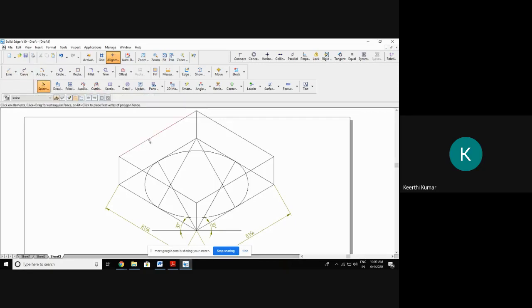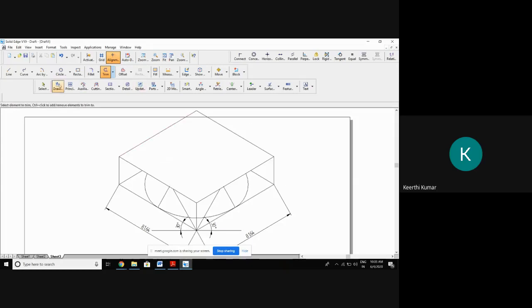So what is the next step? This top surface is important for me. Nothing else is important. So you directly rub this out. Retain only the top box.